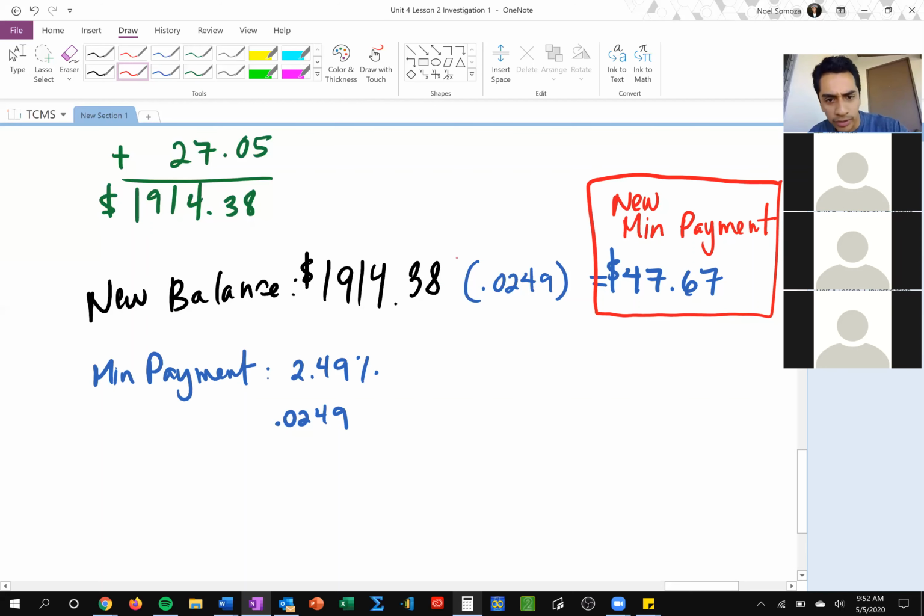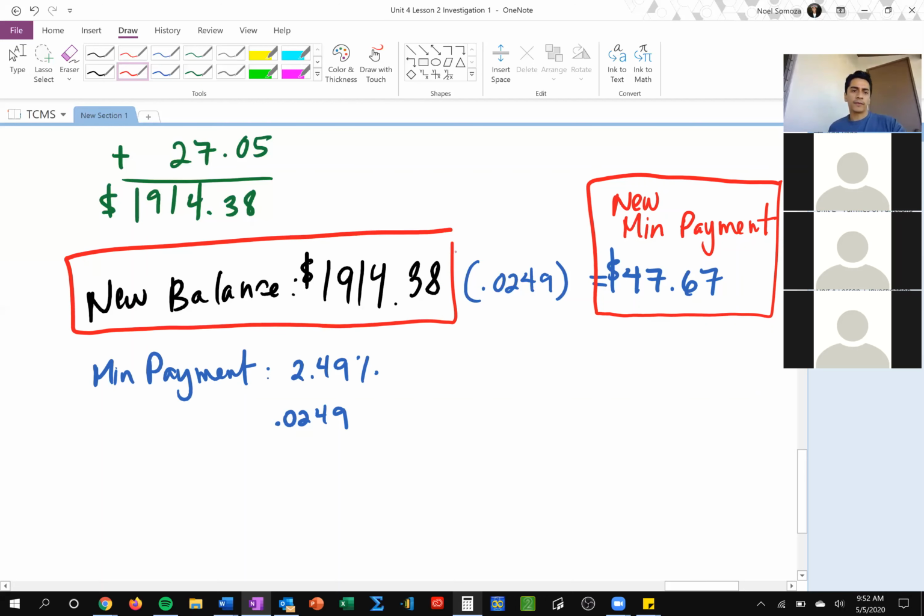And this one here represents the new balance for that month. You have to find the new balance first before you can find out how it's going to affect the new minimum payment. As the balance gets smaller, the minimum payment also gets smaller, at least according to this problem.